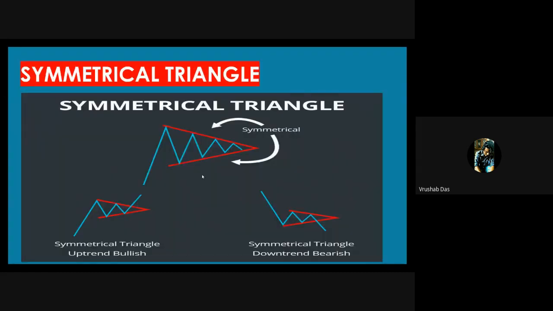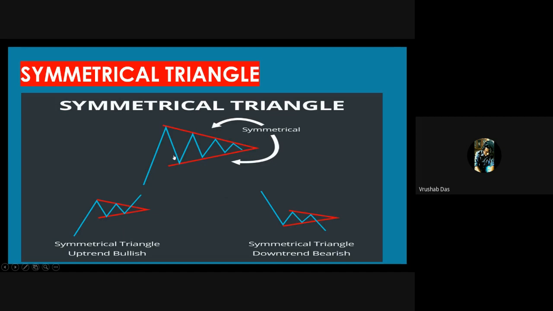And the next is symmetrical triangles. Symmetrical triangles have descending highs and ascending lows, such that both the upper and lower trend lines are angled towards the triangle apex. In the graph you can see the resistance levels are decreasing, and the support levels are increasing.